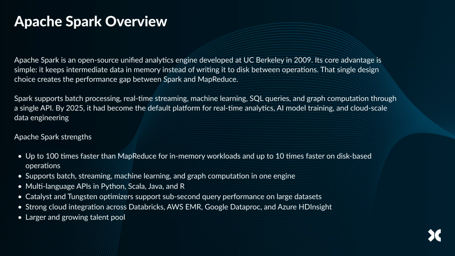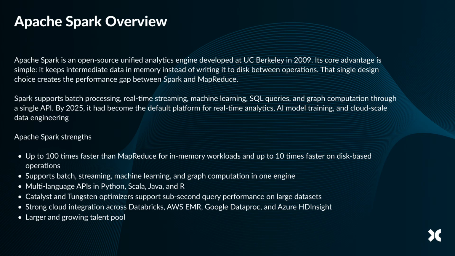Apache Spark Overview. Apache Spark is an open-source unified analytics engine developed at UC Berkeley in 2009. Its core advantage is simple. It keeps intermediate data in memory instead of writing it to disk between operations. That single design choice creates the performance gap between Spark and MapReduce.